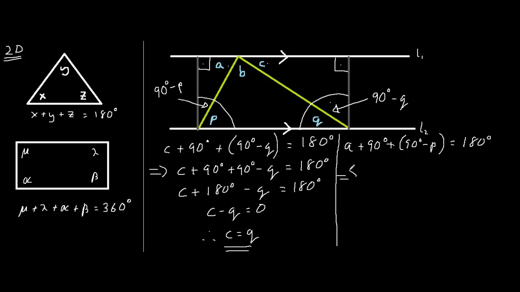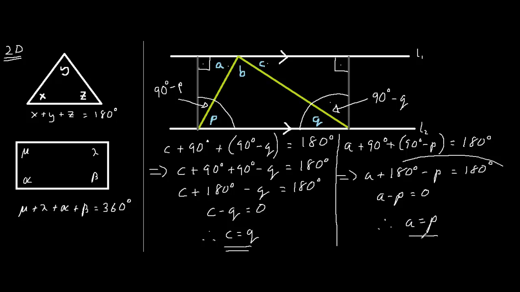From here we get A plus 180 degrees minus P equals 180 degrees. Sending this 180 degrees to the other side, we get 180 degrees minus 180, which is 0. So we get A minus P equals 0. Therefore, A is equal to P.